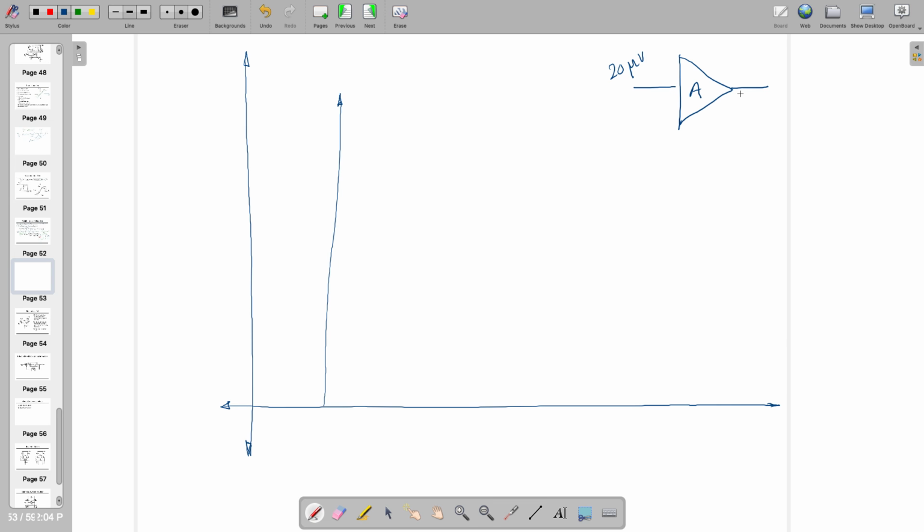This gain is around, let's say, 10 times, and I'm seeing 200 microvolt. So at the output, because of this non-linear effect, I'm going to see 200 microvolt. I might be seeing something else here, something here. So these amplitudes keep on going down, right?